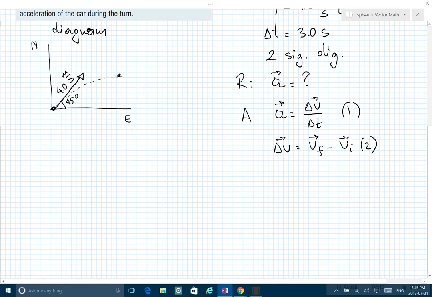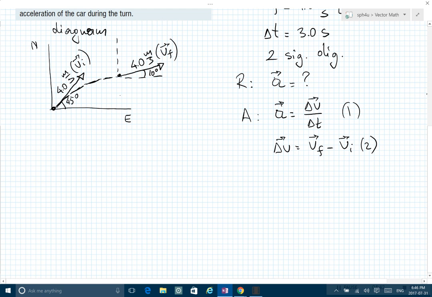And eventually, somewhere here, it has this direction. Remember, this line here represents the actual path, and these are velocity vectors. Now it's still 4 meters per second, but now this is only 10 degrees. So this is initial velocity, and this is final velocity.